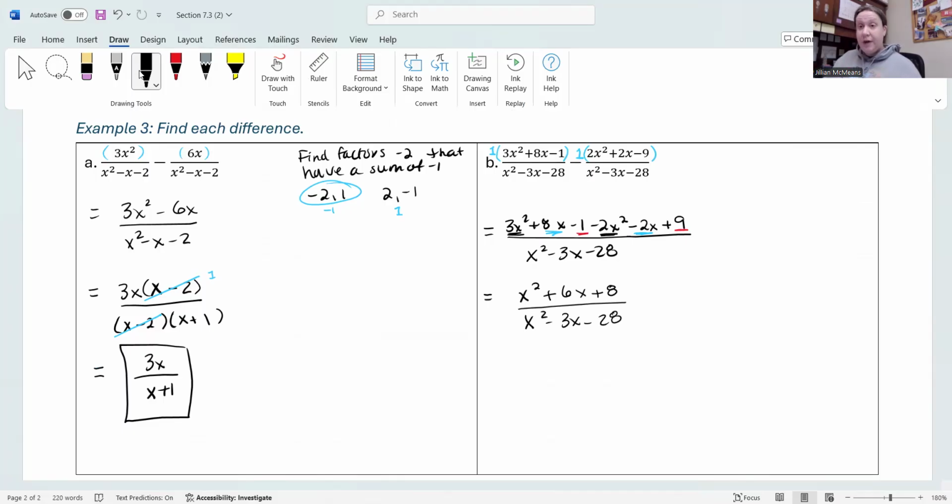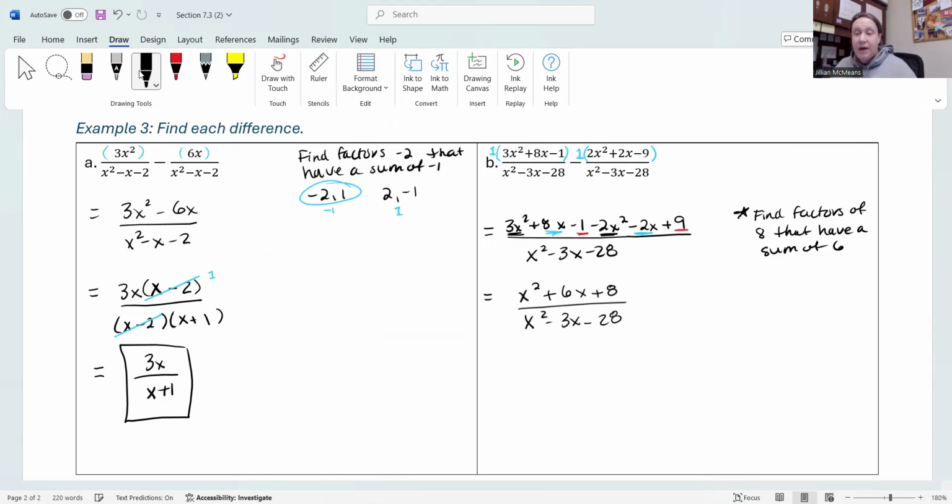So we have to do 2 factorings. We've got a numerator and a denominator. Both are quadratic trinomials where the coefficient of the square term is 1. So let's look at the numerator. We need to find factors of 8 that have a sum of 6.